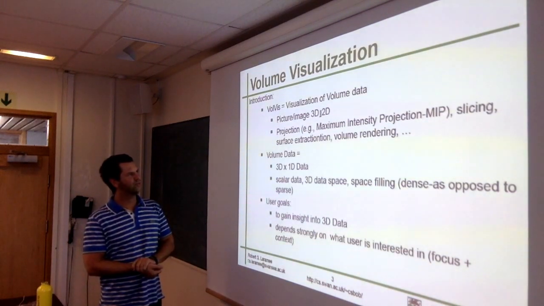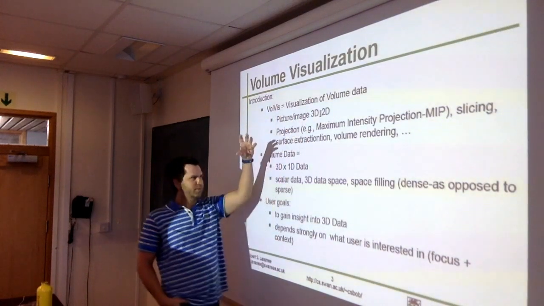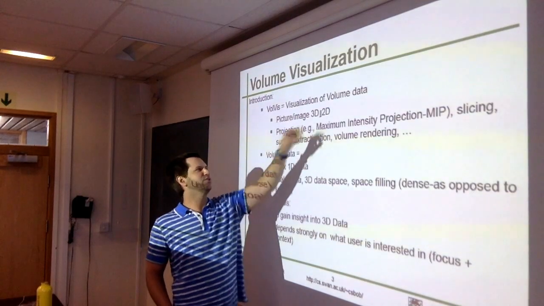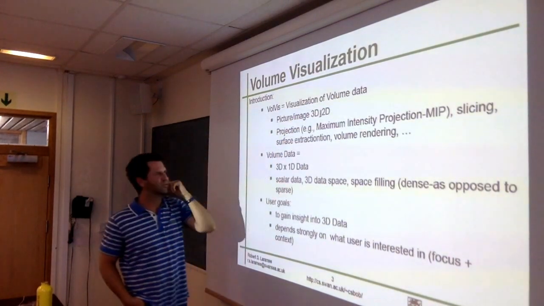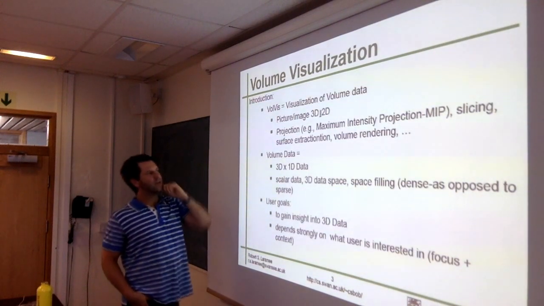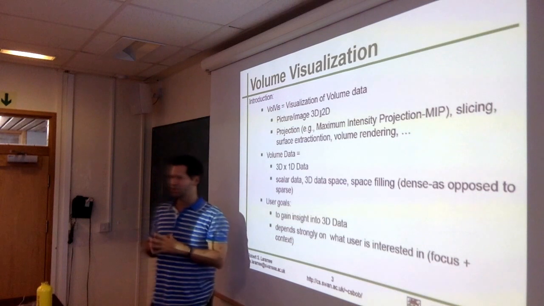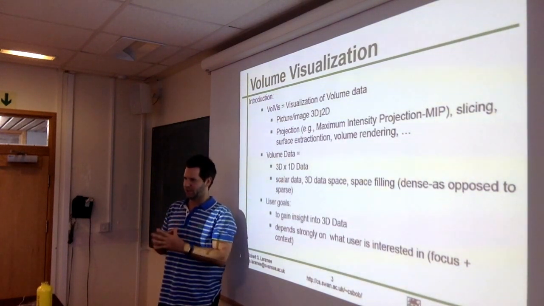So we're talking now about volume visualization. We have 3-dimensional spatial data, but we're projecting it onto a 2-dimensional display. That actually should be an arrow pointing from left to right. Now, in some ways, volume visualization is all about this projection process.